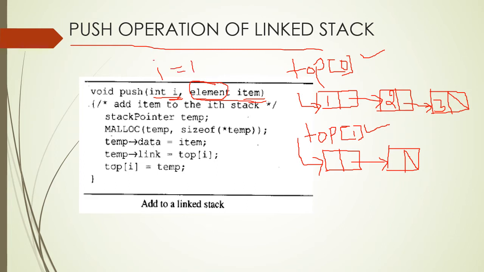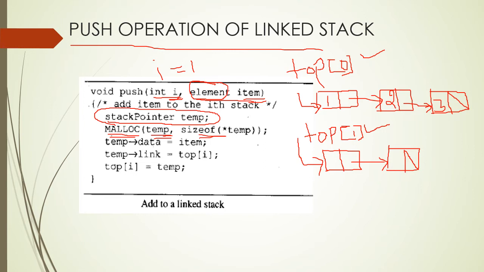Stack pointer temp: I will declare one more pointer variable, a stack pointer, to create a node. So malloc of temp is a macro for the malloc function, and this creates a node. In malloc(temp, sizeof(*temp)), the first parameter gives a name to the newly created node, and the second parameter represents the size of the node and its fields.